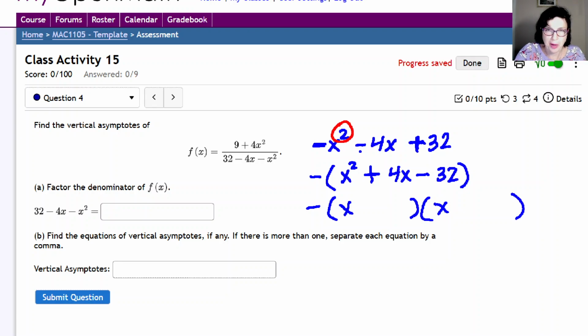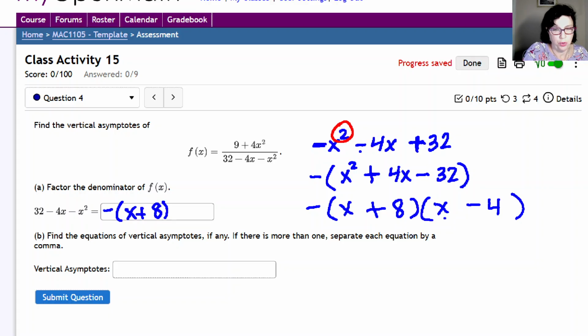Now, the sum is +4, so I think this is going to be +8 and then -4, right? Because then if you start to FOIL it, you will see x squared -4x plus 8x, which is going to give you +4x, and then -32. Okay, so that's going to be over here. That's how you factor a polynomial with a negative in the leading term.